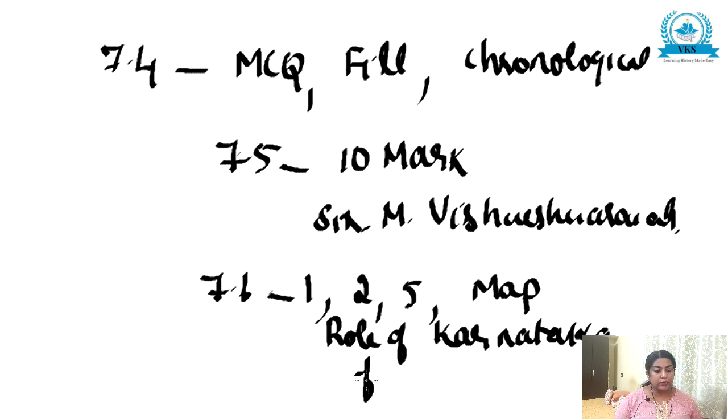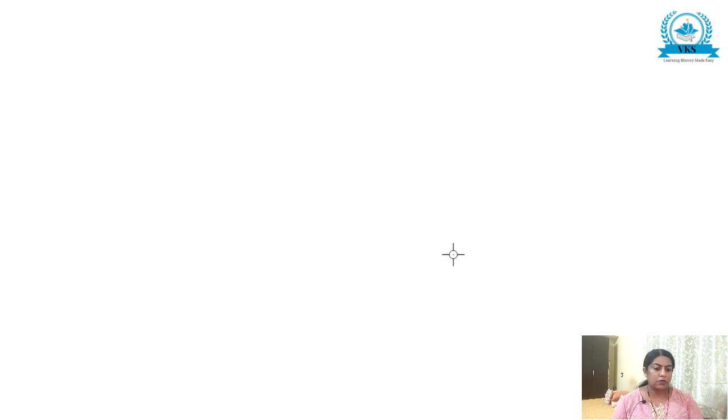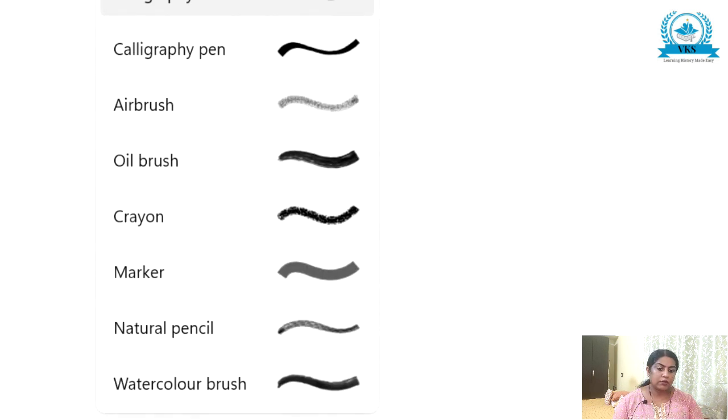For example, factors for the rise of Indian nationalism can come as a 5 mark question. So 1 mark, 2 mark, 5 mark, and map questions can come from chapter 7.6.